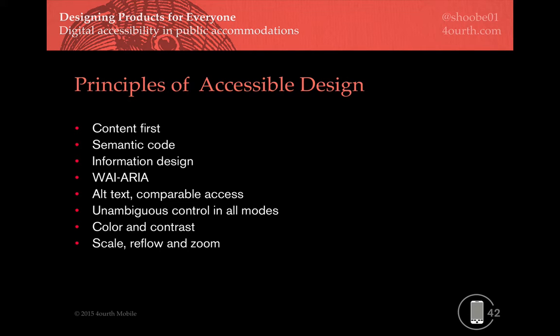Embrace comparable access, but not blindly. Alt tags can bite you. Make sure the function is as clear as the content, and it is clear in all contexts. Be able to set aside color to make sure contrast is what's helping you. And assure your whole product works on all devices with all plugins for scale, size, and zoom.